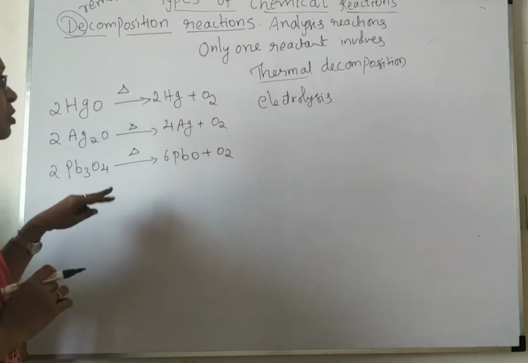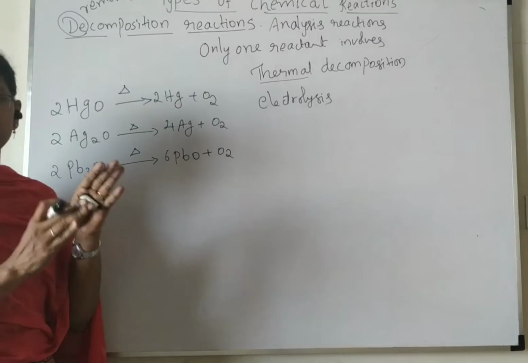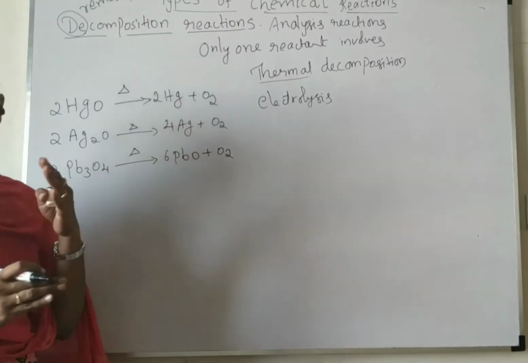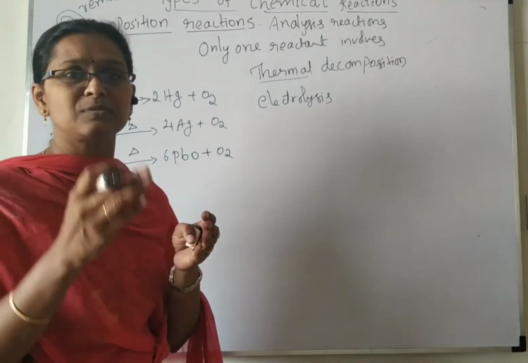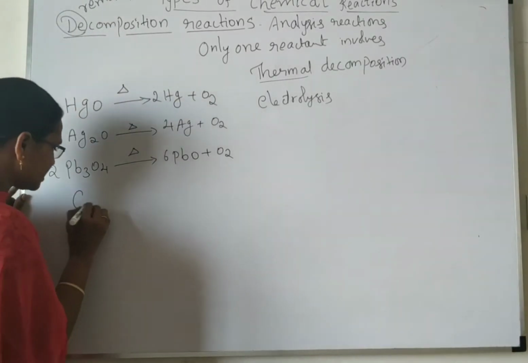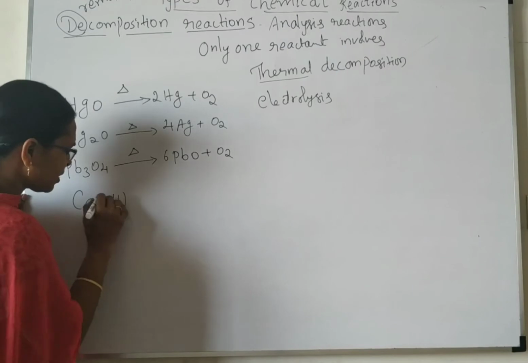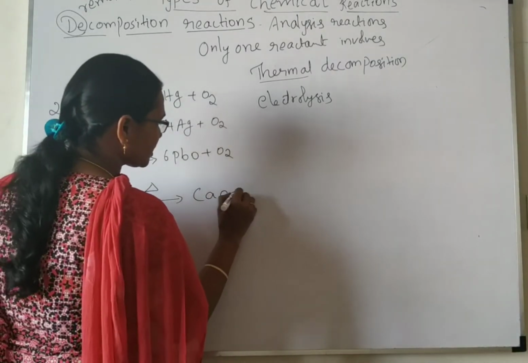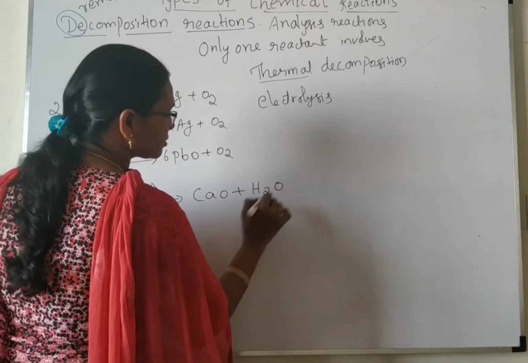Okay, so these decomposition reactions usually happen with heat. Now decomposition of metal hydroxides by heat. We will take calcium hydroxide. Calcium hydroxide on heating, what will happen here? Calcium oxide plus water. Okay.